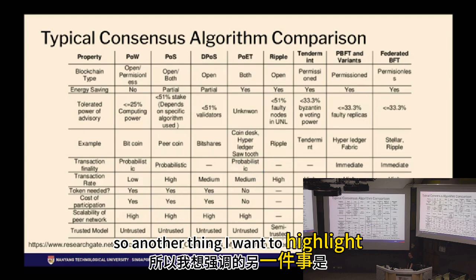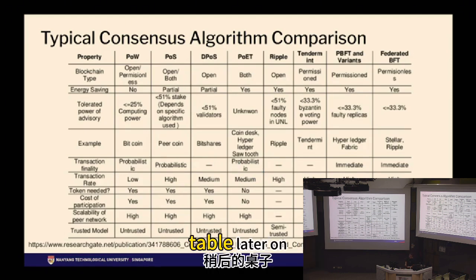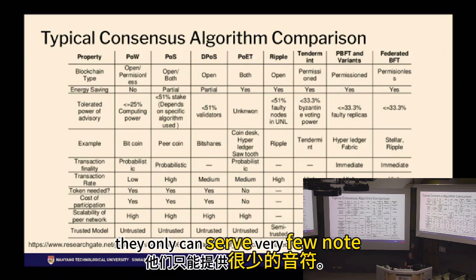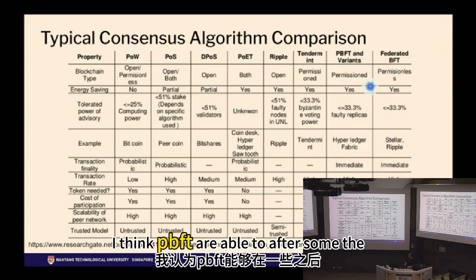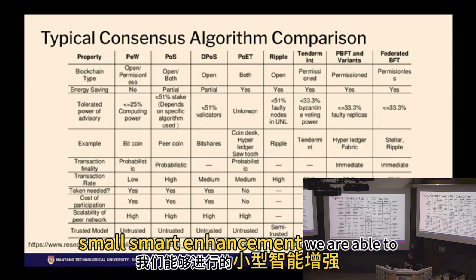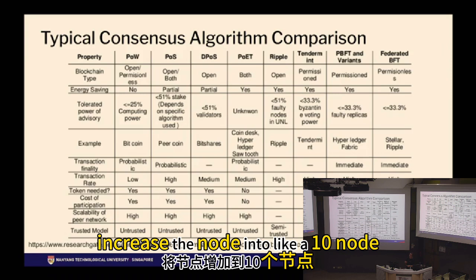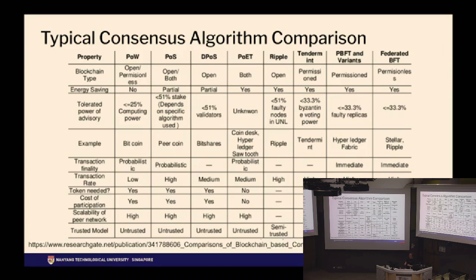Another thing I want to highlight, you can go through this table later on, is that in general, BFT can only serve very few nodes. I think PBFT, after some small enhancements, is able to increase to about 10 nodes.